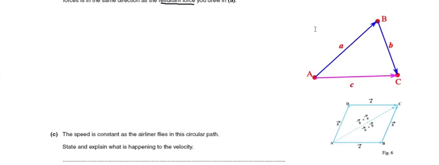So here you can see this is the triangle law of vector addition, and this one is called the parallelogram law of vector addition. Okay, so using either triangle law or parallelogram law, we can show the resultant force vectorially.